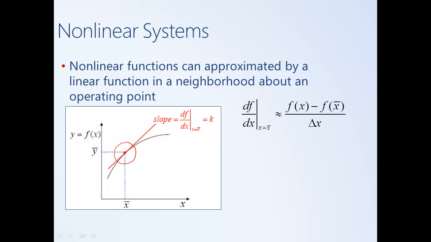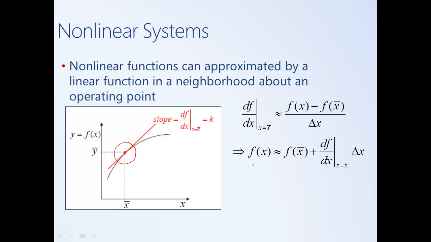One way to do it is to think of the derivative as a finite difference. The derivative at x equals x bar is like the change in f over the change in x. So it's the difference between the y values over the difference between the x values. If we rearrange this, we can multiply through by delta x and add f of x bar, and we get an approximation of f of x.